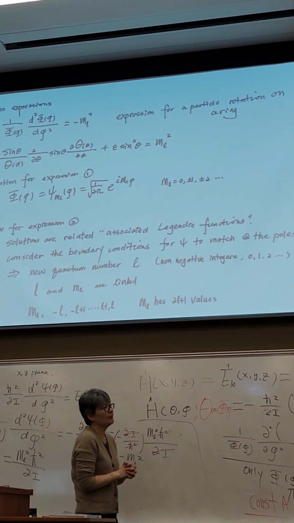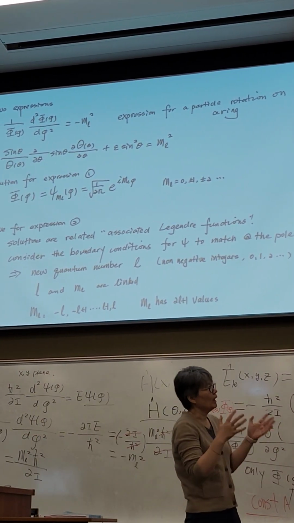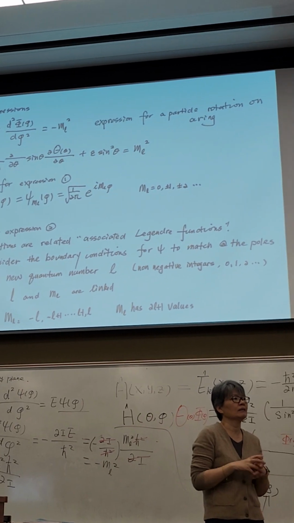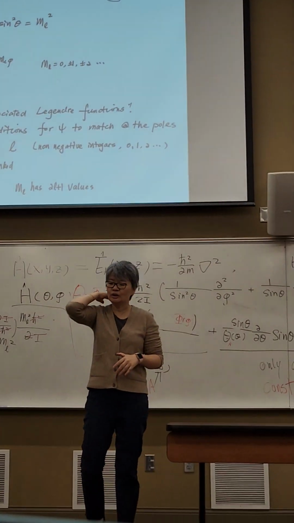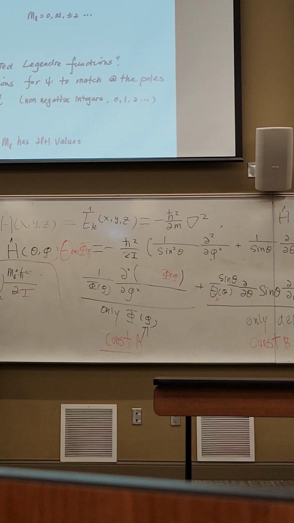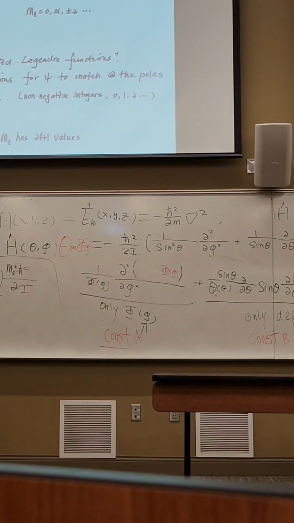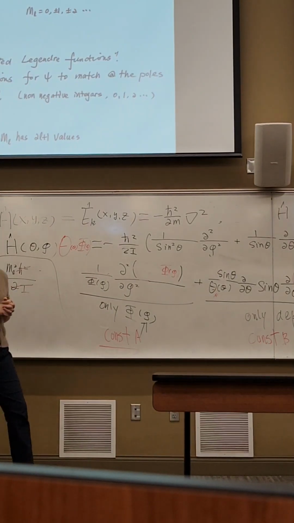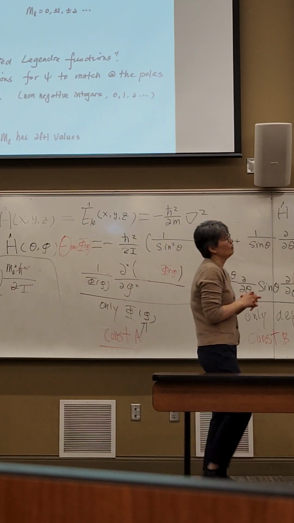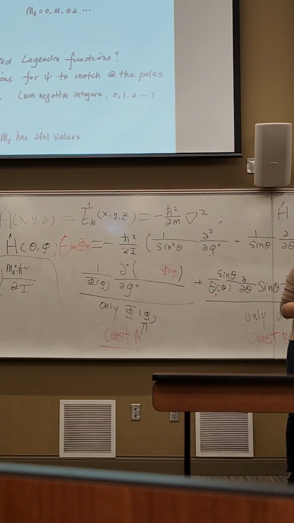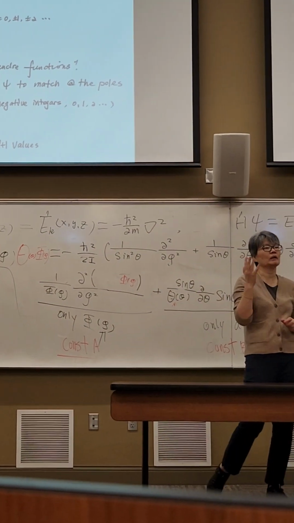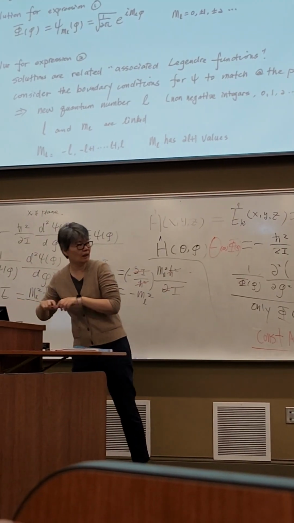L can take positive integer values 0, 1, 2. At each L value, m_l can take from negative L, step up by +1, go all the way to L. So those two quantum numbers are linked.